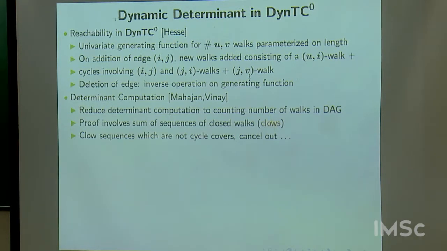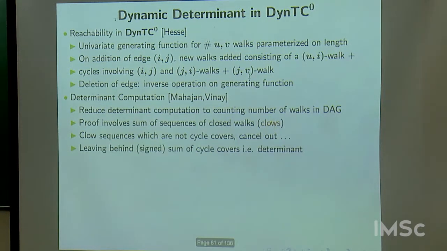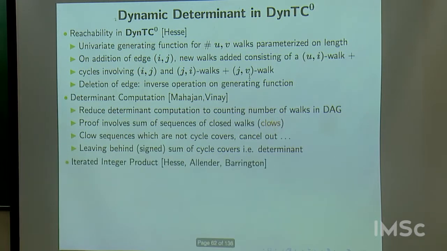So the closed sequence definition is carefully structured so that when you sum up over closed sequences, you get back the sum of cycle covers and therefore the determinant. The non-cycle cover closed sequences just cancel out, and you are left with a signed sum of cycle covers. So that is another component that we use.